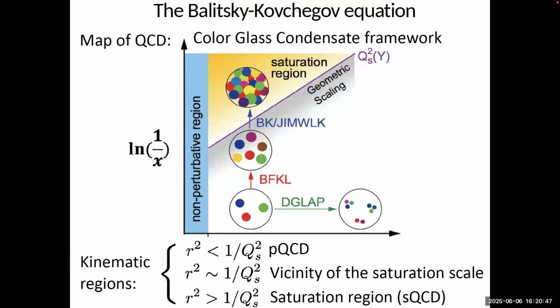For dipoles smaller than this size, we are in the perturbative QCD zone. The ones that are similar to 1 over Q_s, where Q_s is the saturation scale, are in the vicinity of the saturation region. And for dipoles larger than 1 over Q_s, we are in the saturation region.